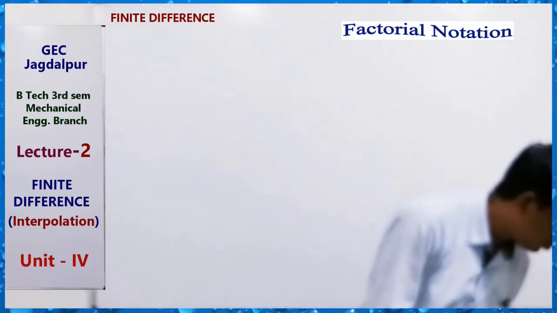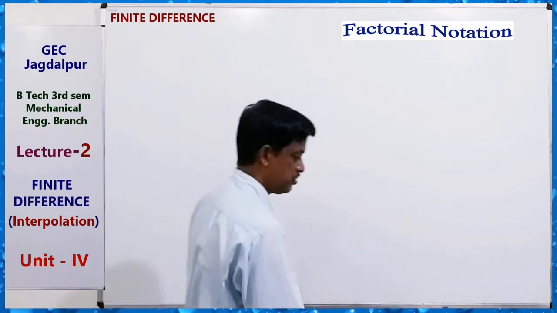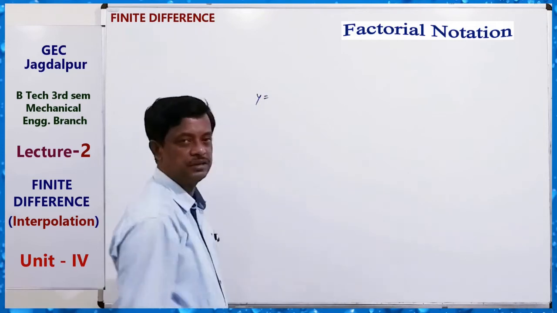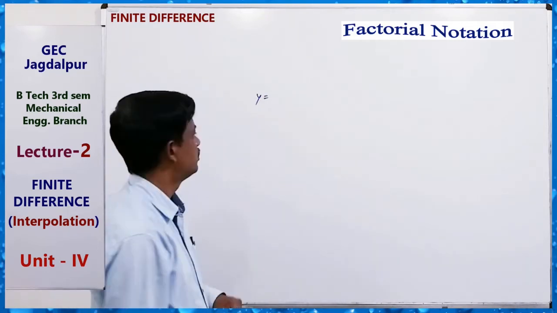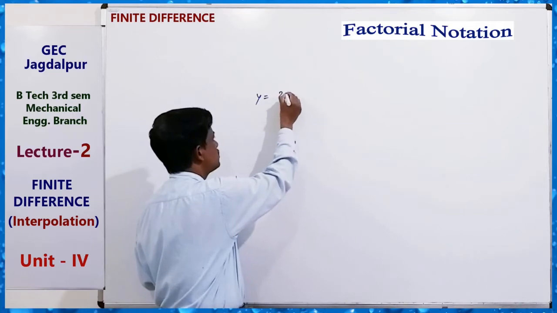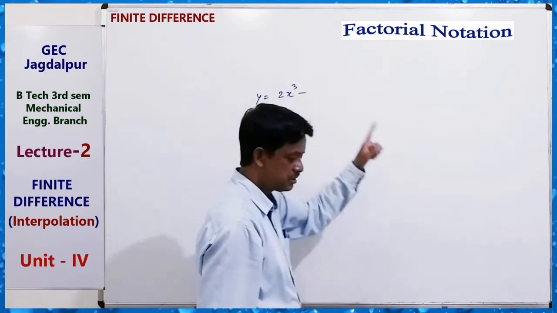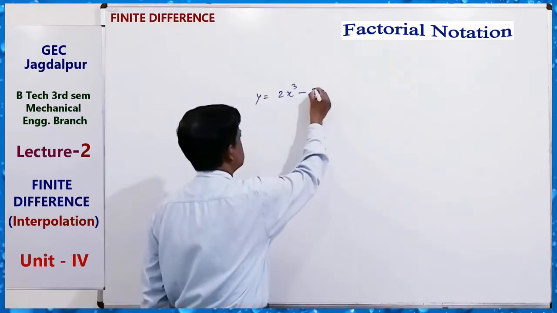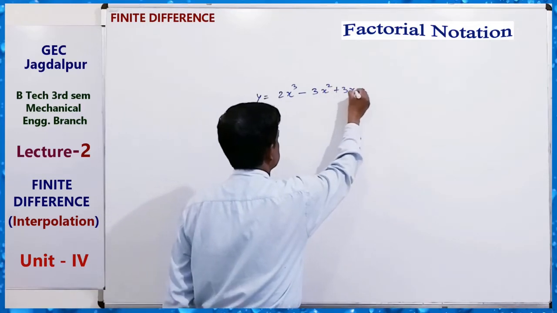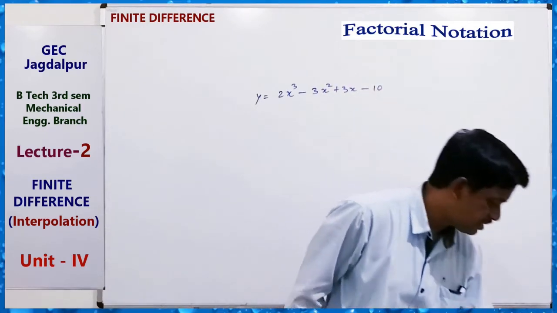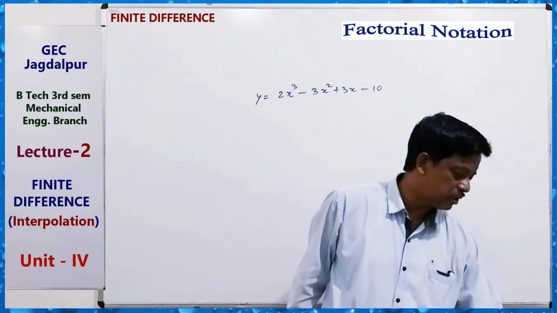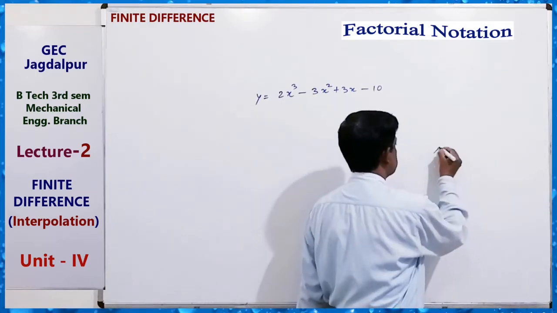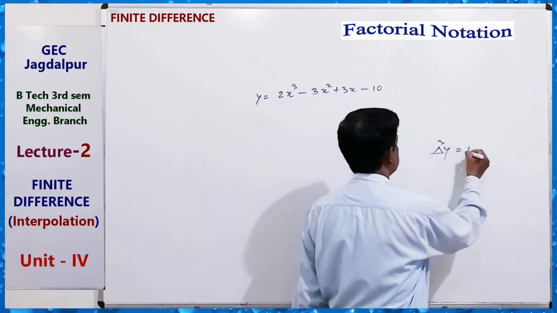Express y equals 2x cube minus 3x square plus 3x minus 10 in factorial notation, and hence show that delta cube y equals 12.